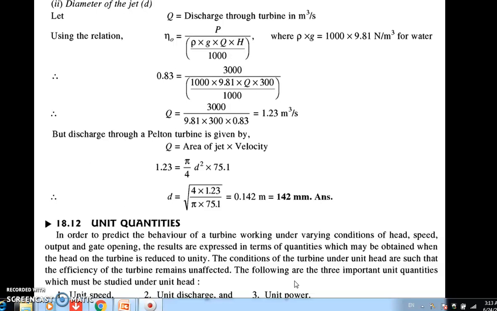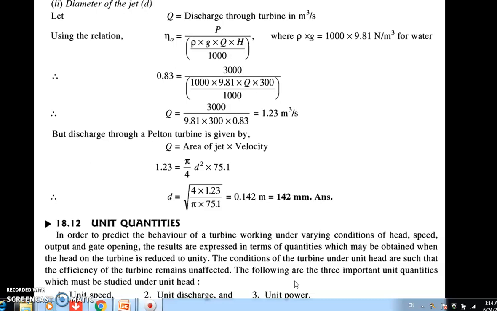No doubt the head will not be 1 meter, but similar to specific speed, where you bring the power as 1 kilowatt and head as 1 meter for a common platform, and then we predict the specific speed for different types of machine.